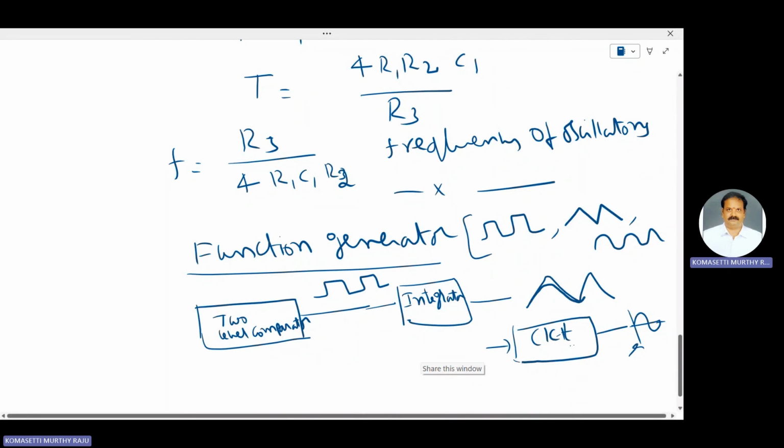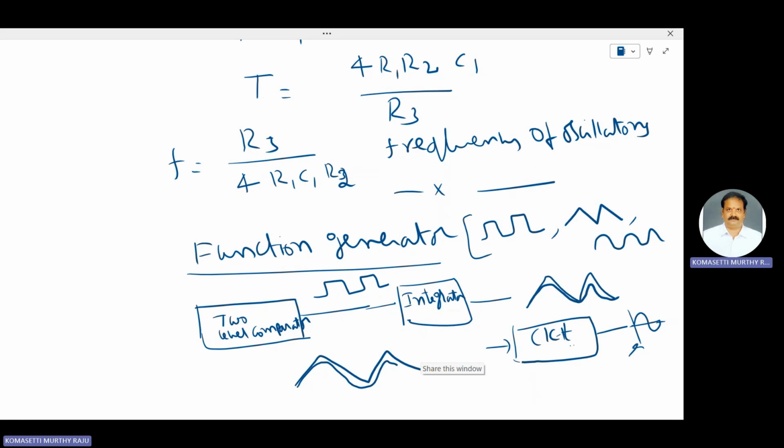This is the triangular waveform, curved at the ends like that. We will get a sine waveform. We use some extra circuit here. This is the function generator description.